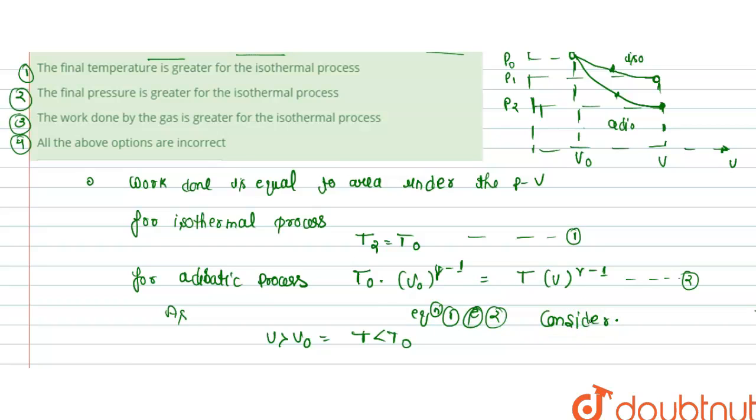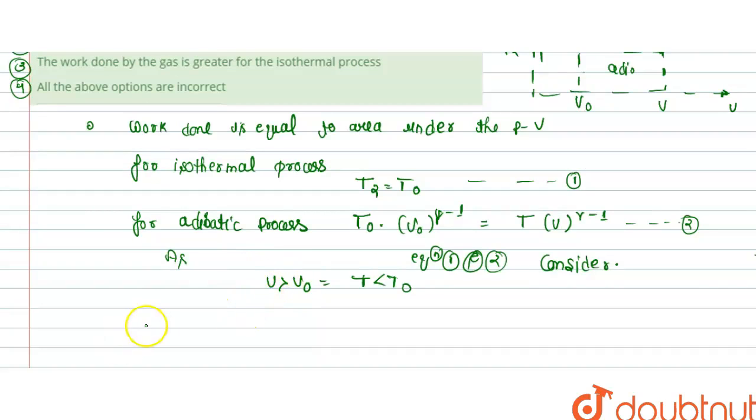Thus the final temperature is greater for the isothermal process.